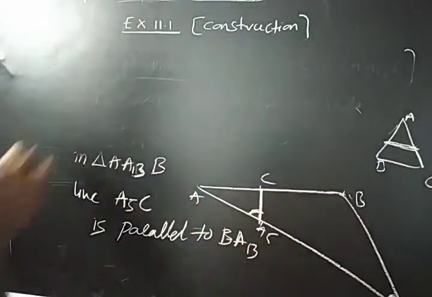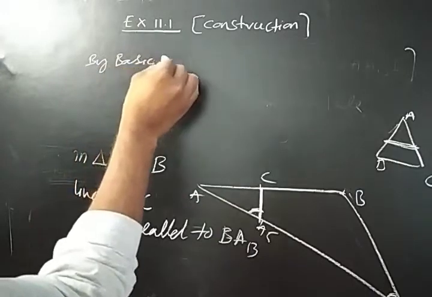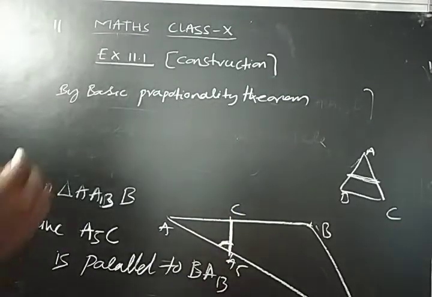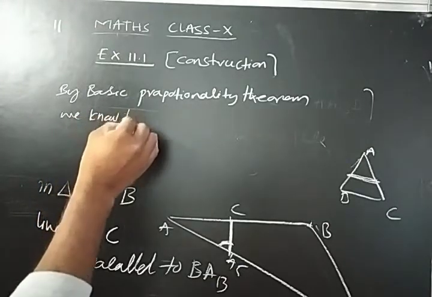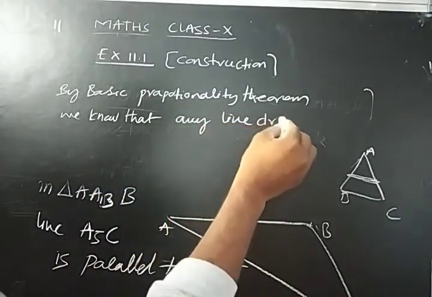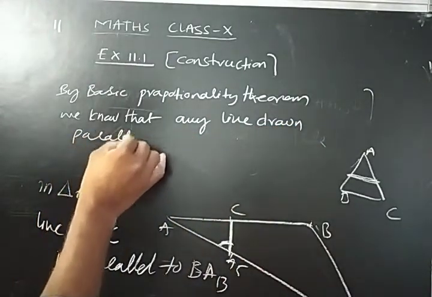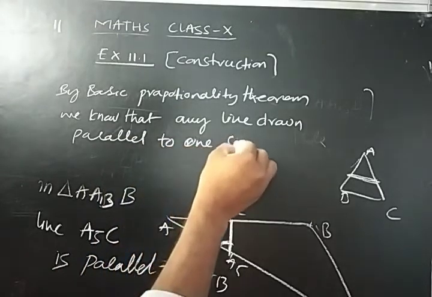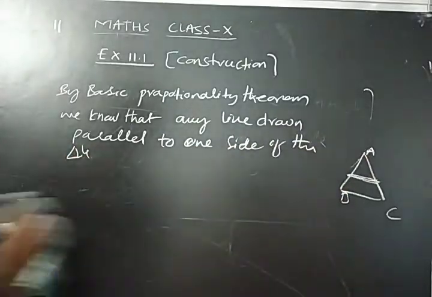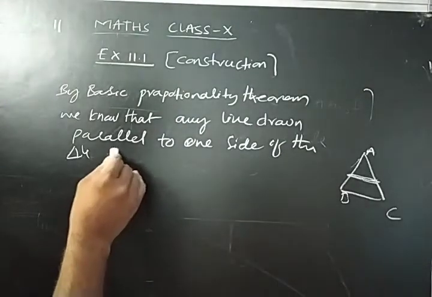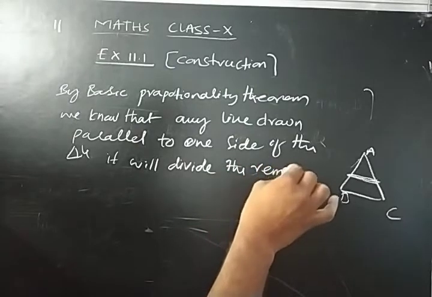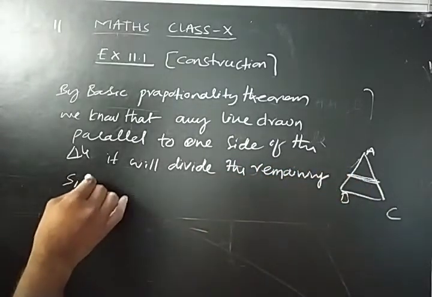Okay. By basic proportionality theorem, we know that if any line is drawn parallel to one side of the triangle, it will divide the remaining sides in the same ratio.